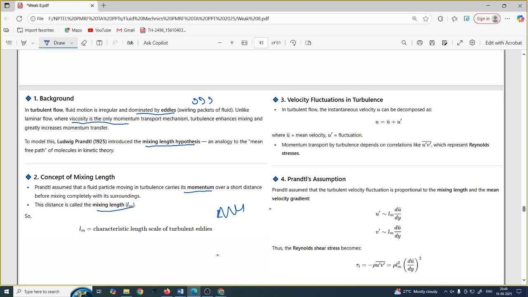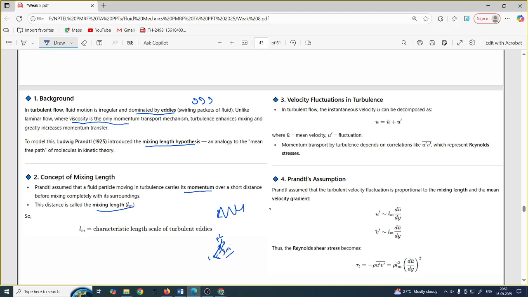Let us suppose a particle is moving from here to here with some momentum. Momentum means the velocity changes, because here the velocity is, let us suppose, 1. If something is moving in the upward direction, definitely the velocity will be more. So let us suppose here the velocity is high, that is 1.2. So momentum means the change in the velocity.